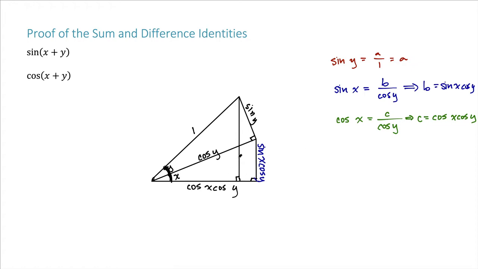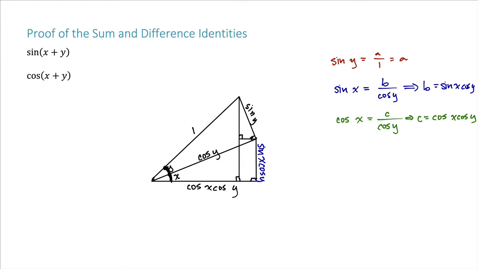And now this triangle is a triangle that has x plus y as an angle. So I know that I'd like the adjacent and the opposite of that angle, x plus y. And in order to do that, I'm going to use these lengths that I have so far. I'm going to start by taking this point right here, and I'm going to connect it straight over into a right angle right there.